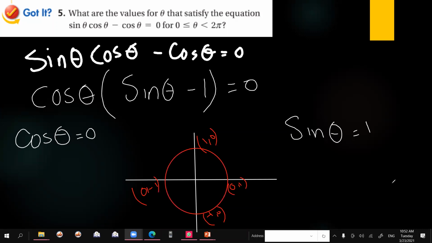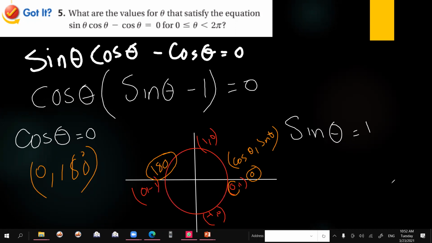Let's remember that the coordinates were cosine of theta, sine of theta. So which angles have cosine 0? It's the y-axis, so 90 and 270. Wait, the angles on the x-axis have sine 0. So for cosine 0, the angles are 90 and 270.